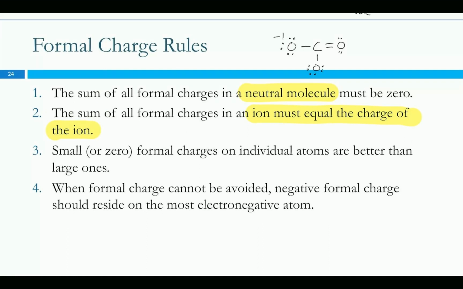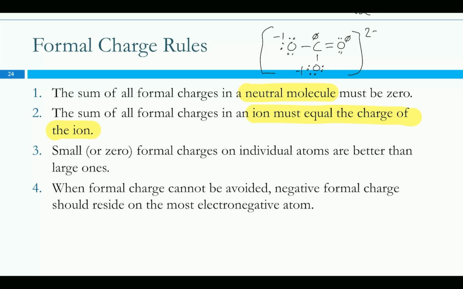We did the oxygen in the middle, that was 0. Did the oxygen on the right, that was 0. What's the formal charge of the oxygen on the bottom? Also -1, right? It's got the same number of bonds and electrons that the other one had. So that's also a -1. So the charge on this whole molecule was 2-.